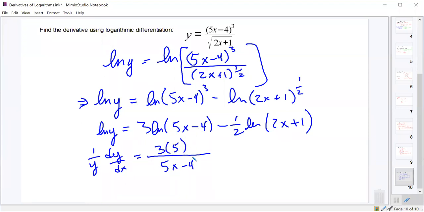Everybody good with that first derivative part there? And then minus 1/2, and then it's 1 over 2x plus 1 times the derivative of 2x plus 1, which is just 2. Good or no?